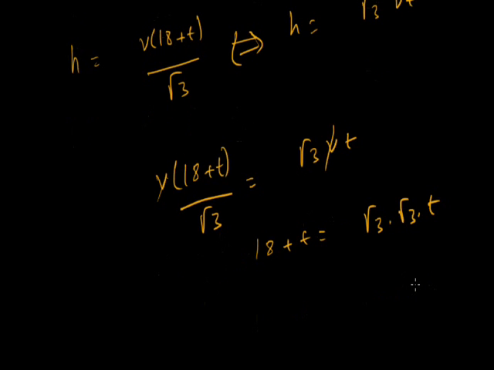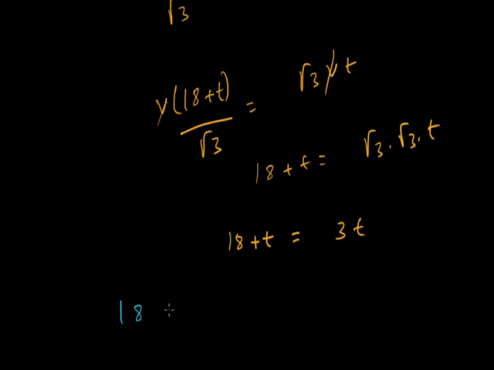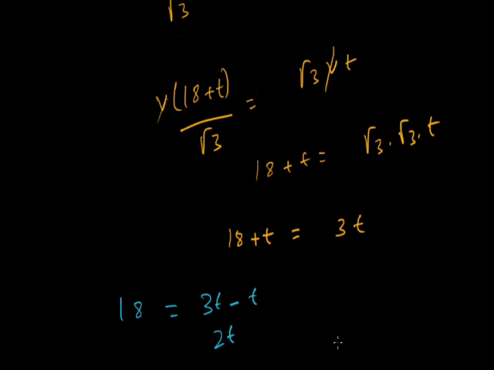Root 3 into root 3 is 3. 18 plus t is equal to 3t, and then I can say 18 equals 3t minus t, which is 2t, and therefore t is equal to 18 upon 2, which is 9 minutes.